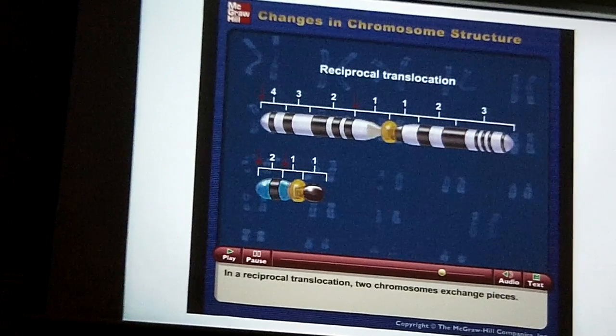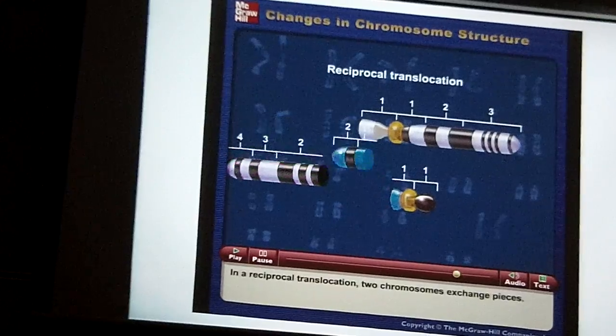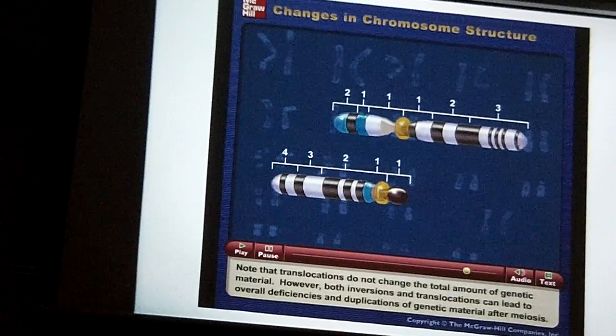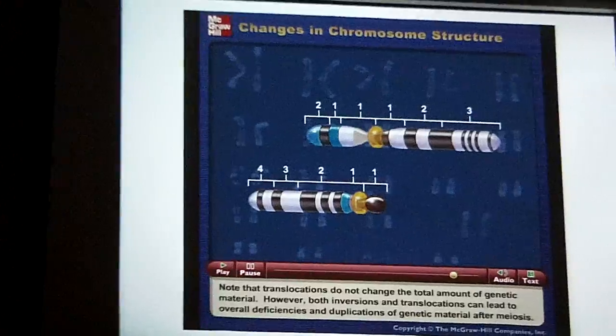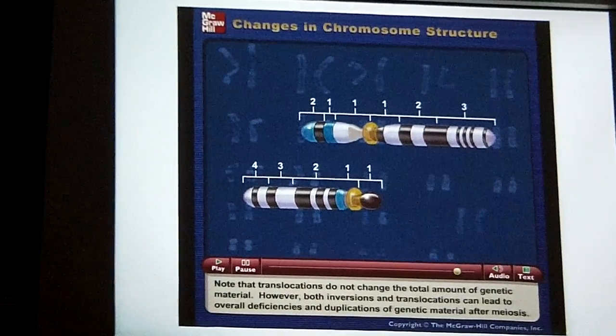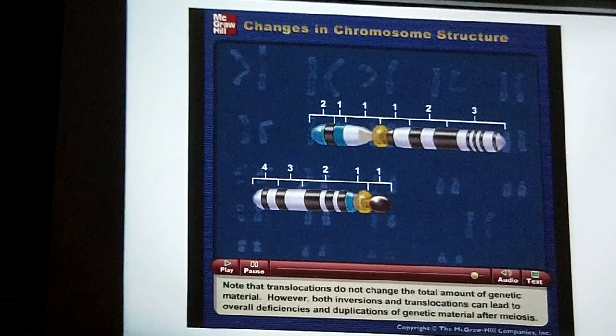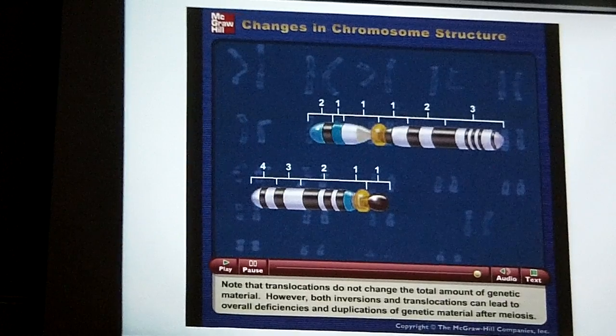In a reciprocal translocation, two chromosomes exchange pieces. Note that translocations do not change the total amount of genetic material. However, both inversions and translocations can lead to overall deficiencies and duplications of genetic material after meiosis.